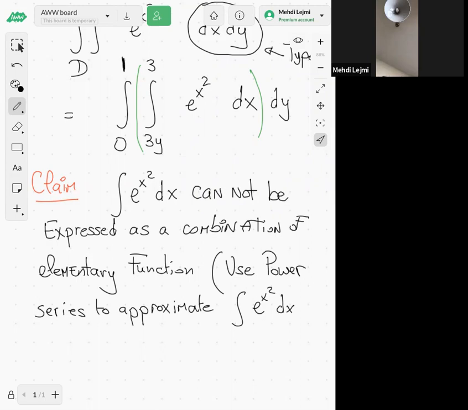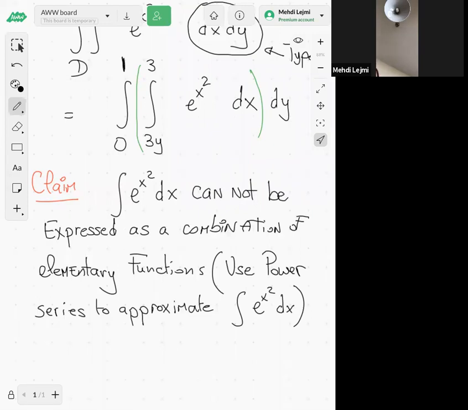And so you know that e to the x can be expressed as a power series, the sum of x to the power n over n factorial. So then e to the x squared would be the sum of x to the power 2n over n factorial. Anyway, all I'm saying is that this antiderivative of e to the x squared can be approximated using power series, but it cannot be expressed as a combination of elementary functions.